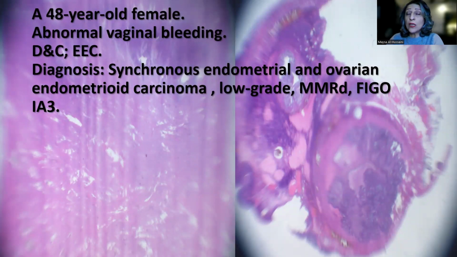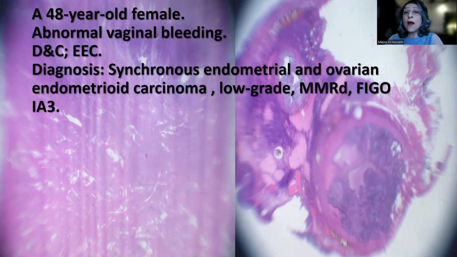And what is also very important is that there should be no evidence of distant metastasis or involvement of other organs outside the ovary and the endometrium and superficial myometrium.